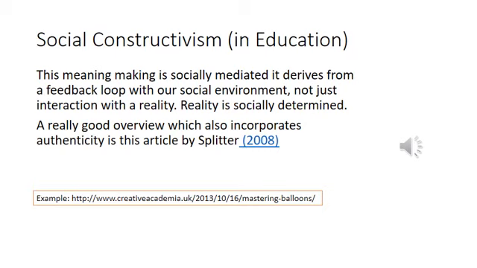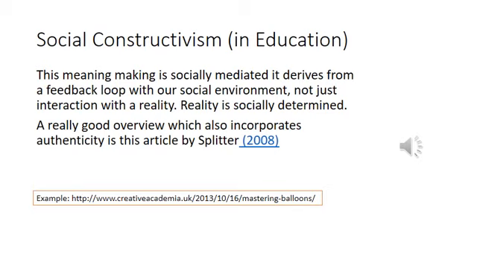And I think a really strong observation about that change in reality is if you watch news about two opposing political parties speaking about the same topic, and you can see how different a reality is depending on that social determination. The article I have linked here gives you a really good overview, and it also incorporates authenticity within that framework. So I thought you might find that interesting.